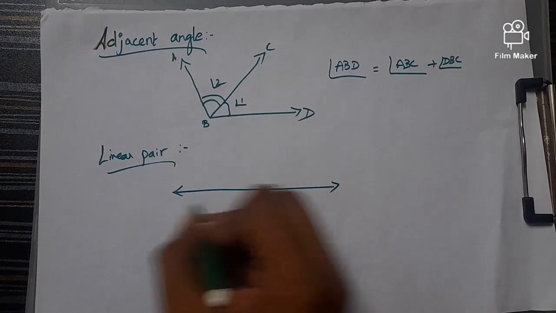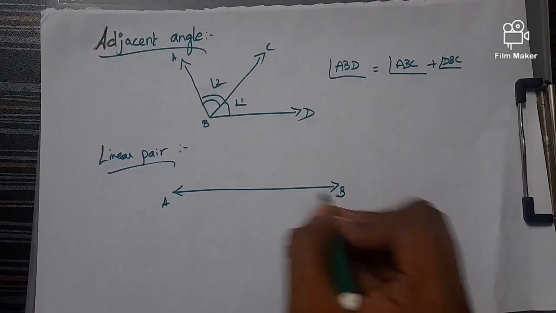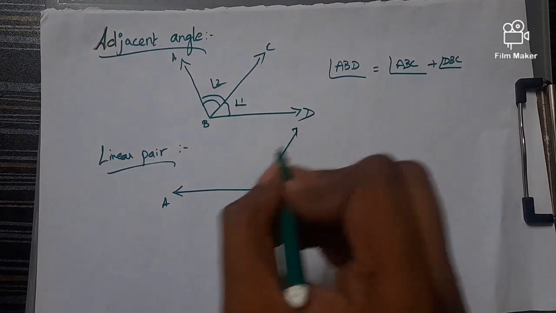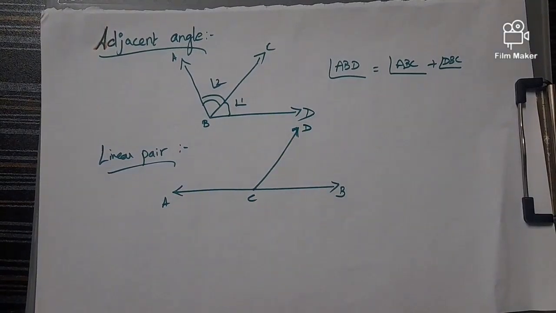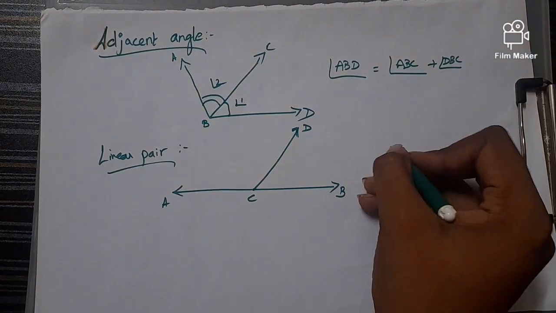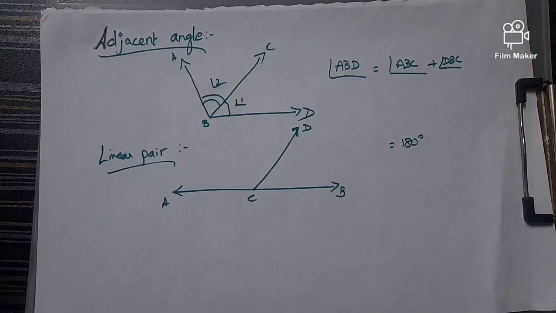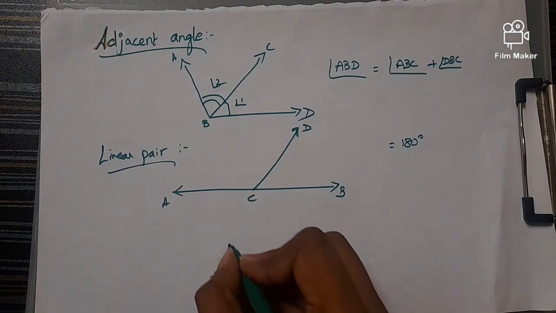Similarly, another term is linear pair. Consider a straight line AB with a line over here, let it be CD. Now this AB is a straight line, and as we discussed before, a straight angle is 180 degrees. What does a linear pair say?